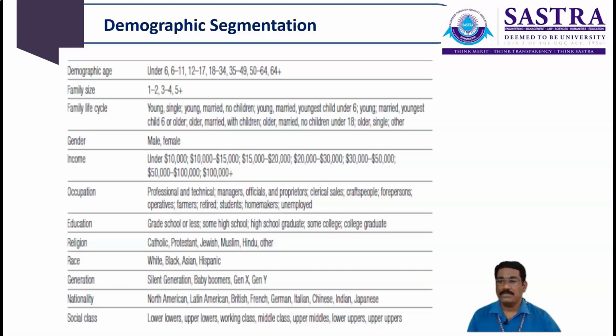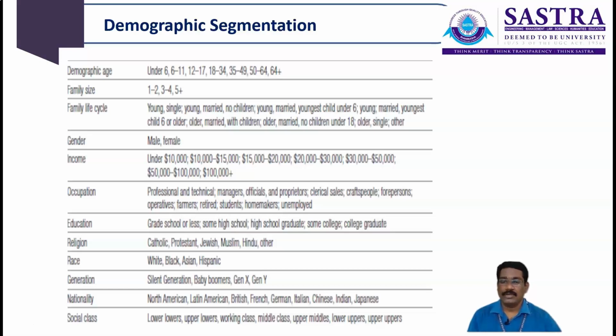Those products are available. And also about income, they can classify based on how much income the consumers are getting. Based on that, they will offer the product. For example, there are many premium segments in apparel, suitings and shirtings, like Raymond's, which will go for the higher class of income.